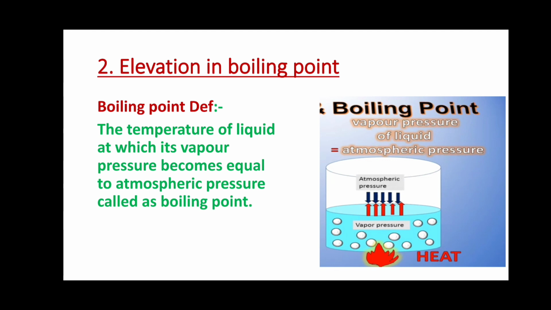Using this equation, we can calculate the amount of solute present in the solution. So this is regarding relative lowering in vapor pressure. Next colligative property: elevation in boiling point.